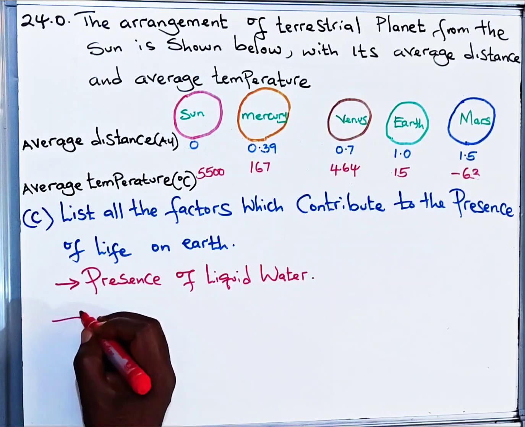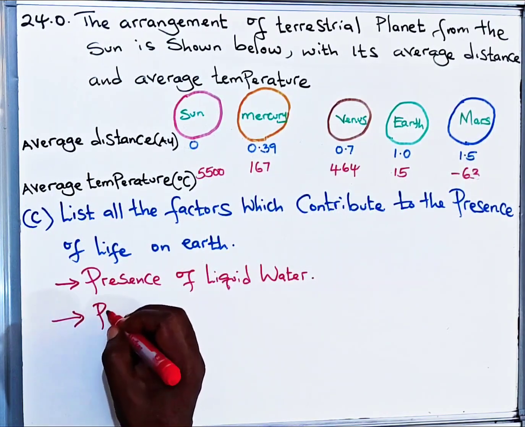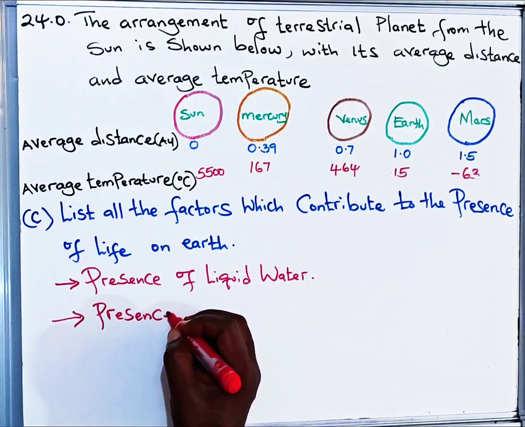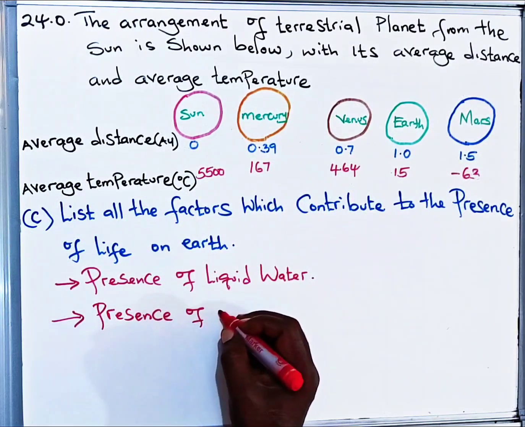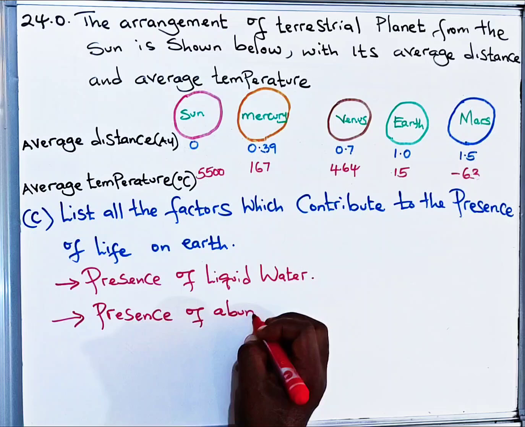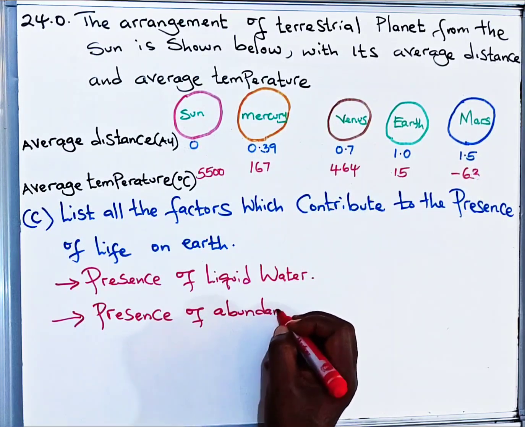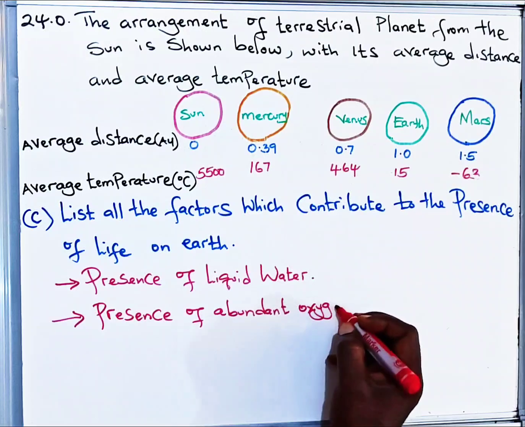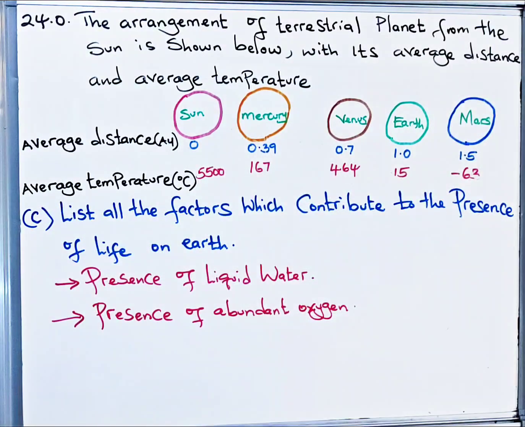Secondly, presence of abundant oxygen. We need to know that for organisms to survive, oxygen must be present.